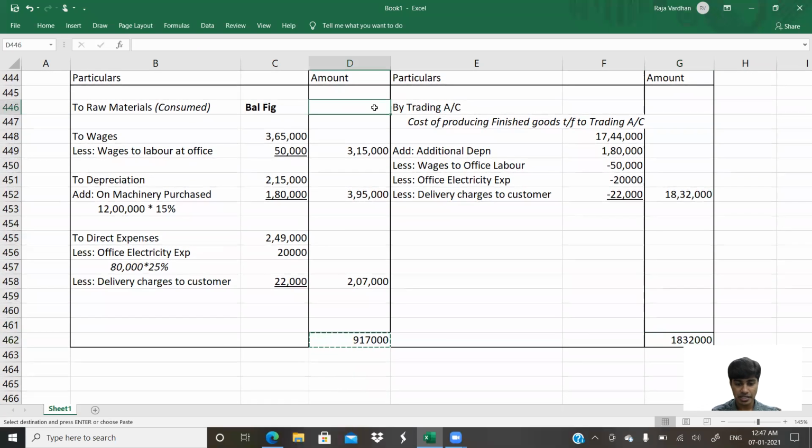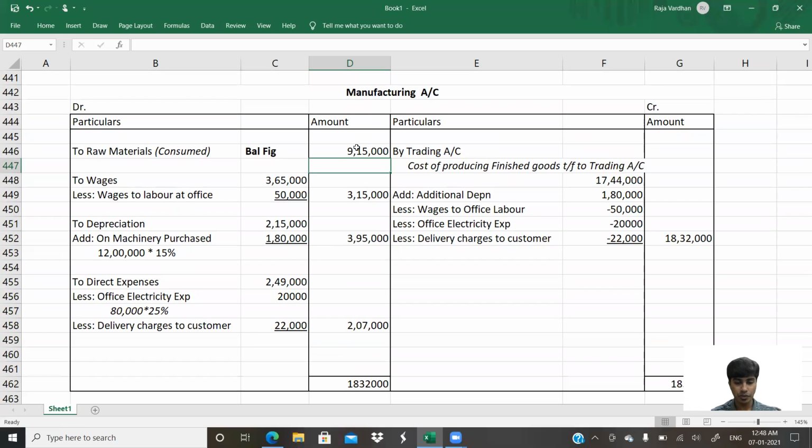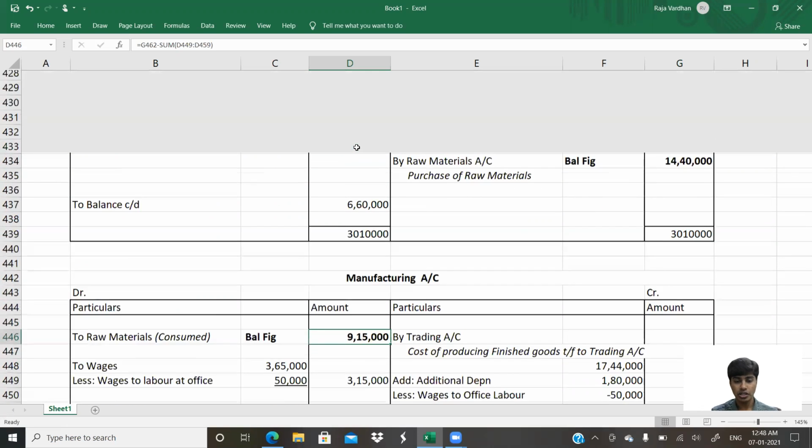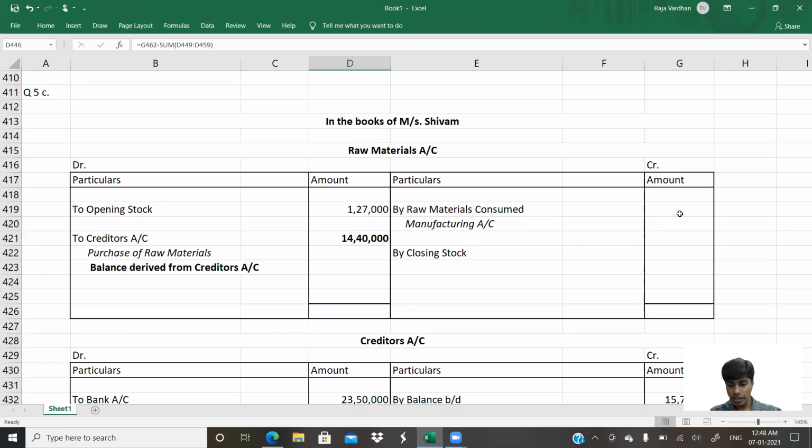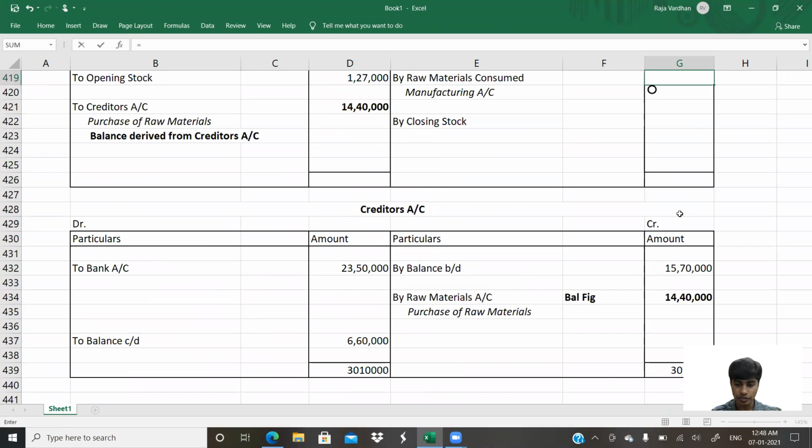Let me find the balancing figure is equal to 18 lakh 32,000 minus summation of the remaining items. 9,15,000 is the balancing figure. What is this? This is the value of the raw material consumed in production. So much of raw material will reduce. Here I'll write 9,15,000.